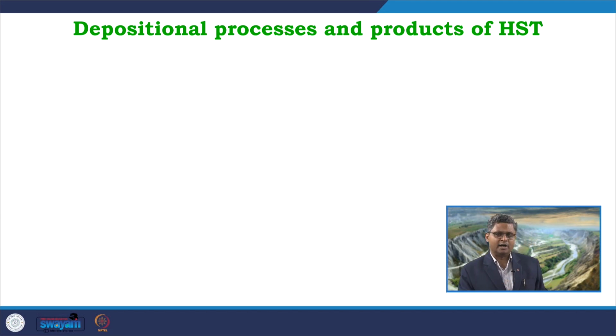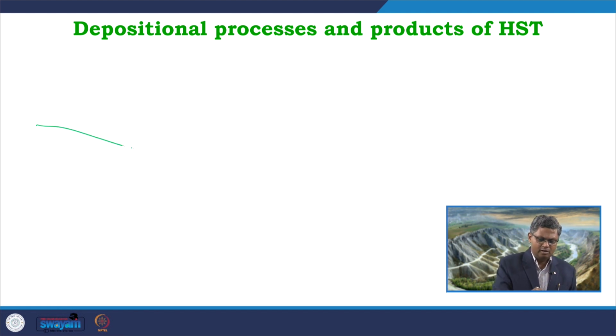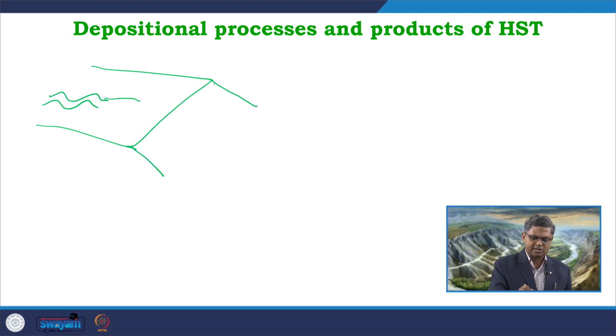Let us think of an ideal marginal marine condition, where, for example, we have a situation like this, where a river system is coming in, and this river system is getting mixed up over here with respect to the sea level, which is at the end of the HST level, and initially the water level was somewhere here.